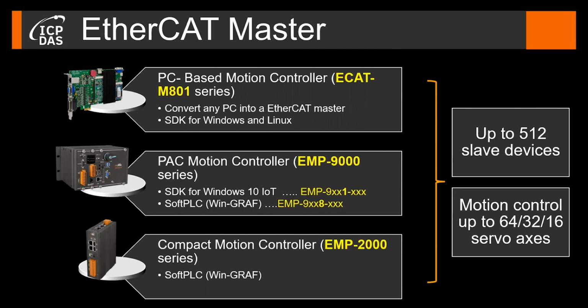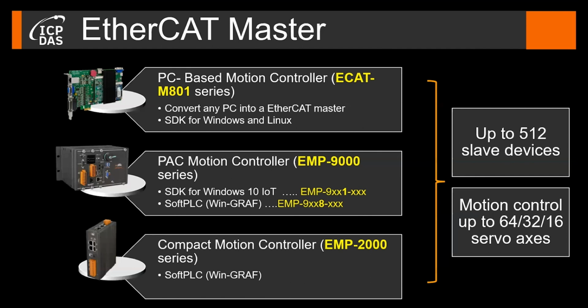All masters are deterministic, fast, precise, and support a cycle time of up to 0.5 milliseconds. All EtherCAT operation modes are supported, such as DC, pre-run, and sync mode. Depending on the controller type, up to 512 nodes are supported, and up to 64 servo axes can be controlled in the EtherCAT network.